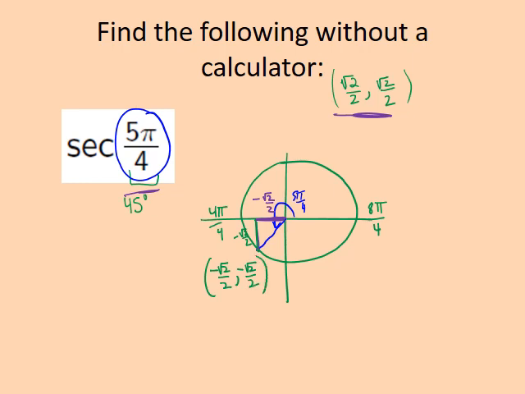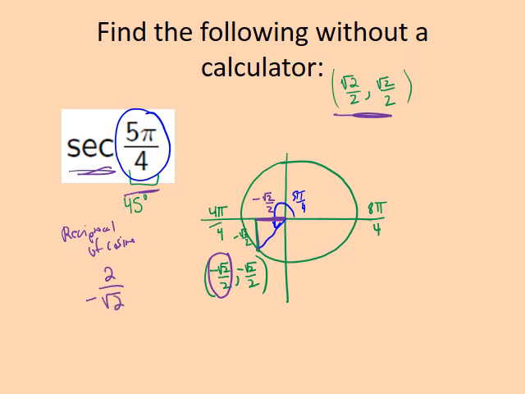Now it didn't ask for cosine or sine, it wants secant. Secant is the reciprocal of cosine. Since cosine is x, here's our x, we want the reciprocal of that. So the reciprocal of negative root 2 over 2 is 2 over negative root 2.